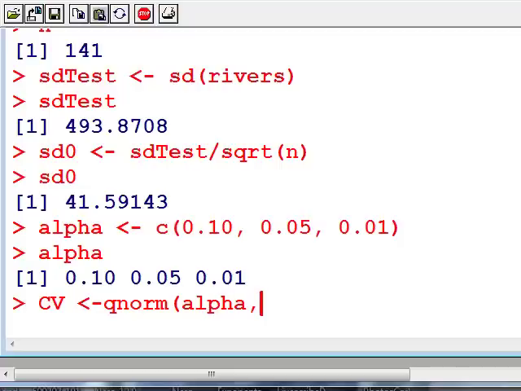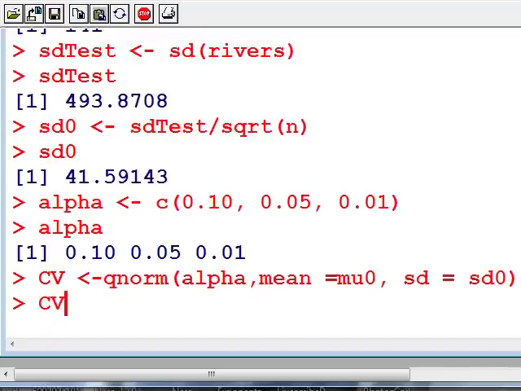I'm going to use just the data numbers, and because I'm going to do that, I'll have to specify the mean, and the mean is going to be, okay, and a standard deviation, which will set up the curve. Okay, so let's see what our critical values look like.